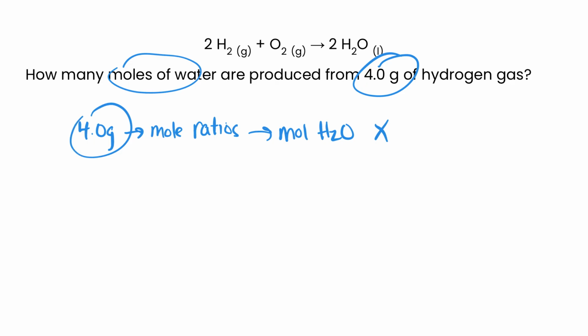So we need to first convert that to moles of hydrogen gas, and then we can go back through these steps here. That is one of the really big mistakes that I find students make, using the mole ratio too early. Keep in mind that mole ratios only work between moles.